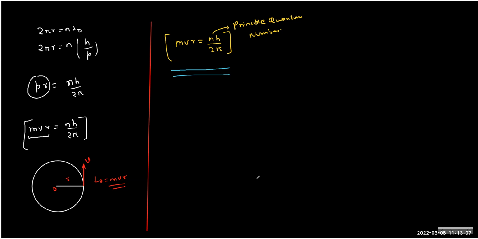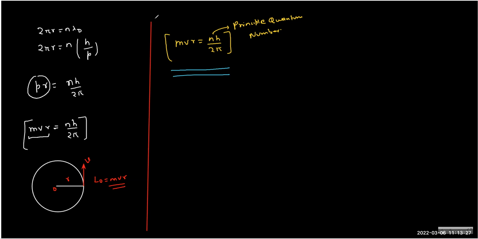But in Bohr's theory, especially for JEE Advanced, you're supposed to derive from scratch. Why? Because they may change some parameter. Once they change some parameter, you need to rederive it. If they bring some twist to the theory, you need to rederive it. So let me show you one twist to the theory.